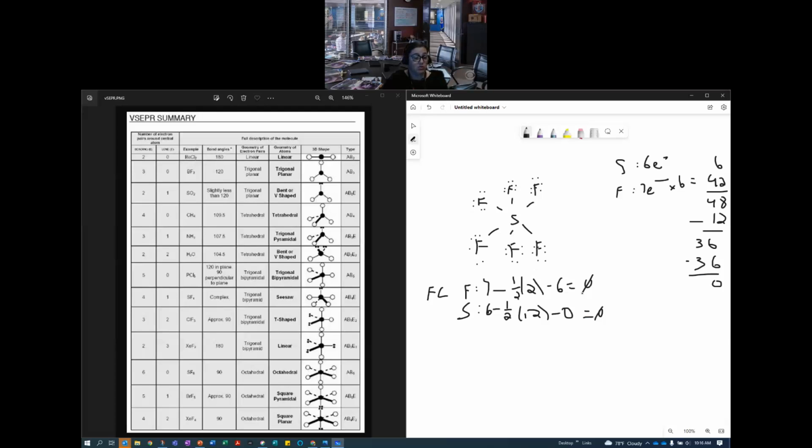Awesome possum. So I have 6 things around my sulfur, 6 with no lone pairs. That means that this structure is called octahedral. So my electron pair geometry is octahedral.